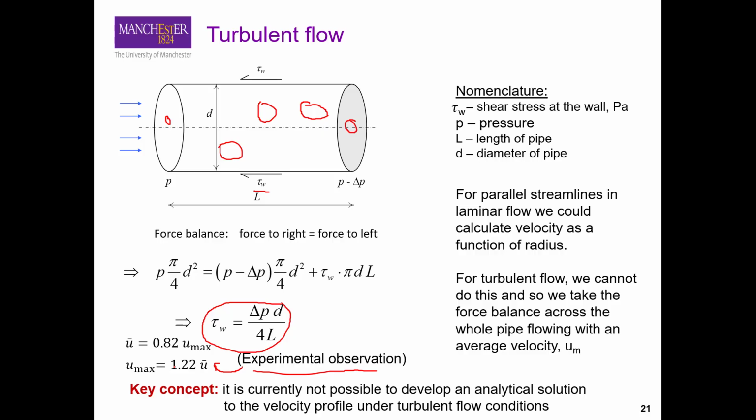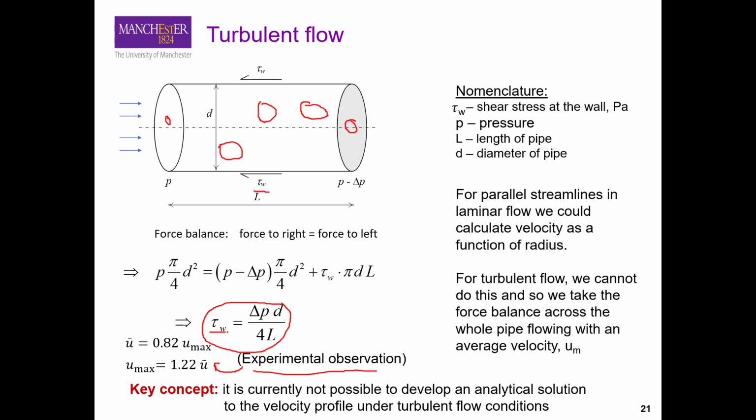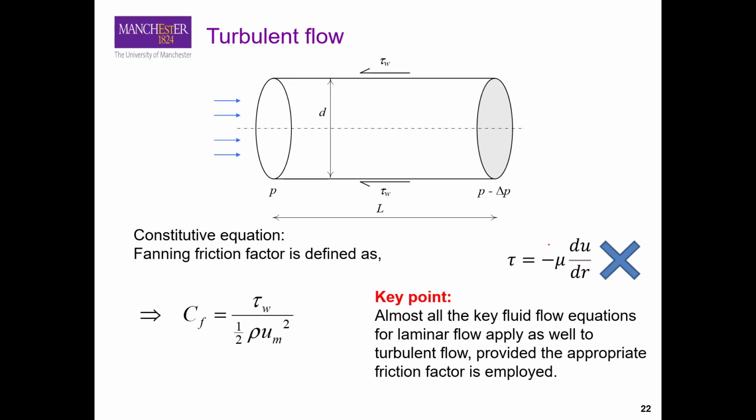And why can we not get an analytical solution? So let's look into that. For the case of laminar flow, we replaced this value of tau here by using this constitutive equation of Newton's law of viscosity. Okay, and it was possible because we know that the velocity profile is linear, and because of the layers, we could develop a velocity profile or the velocity gradient.